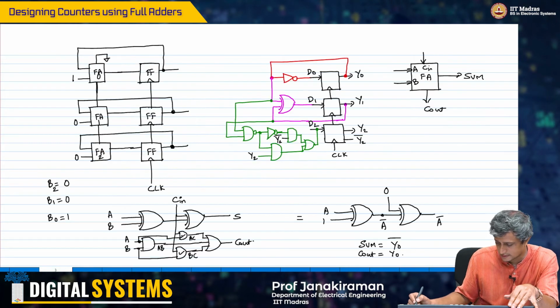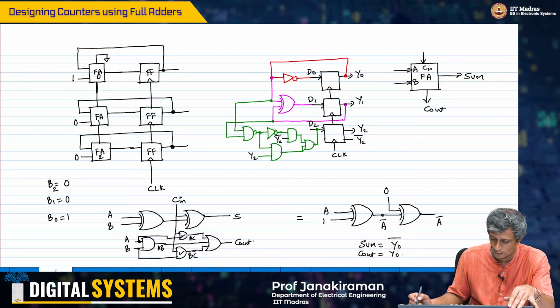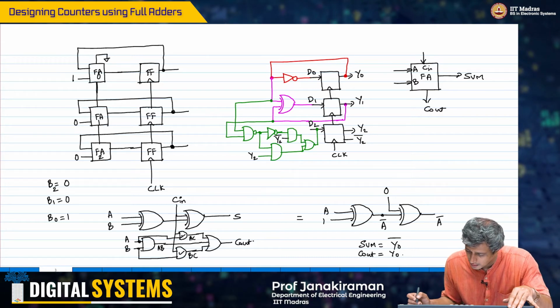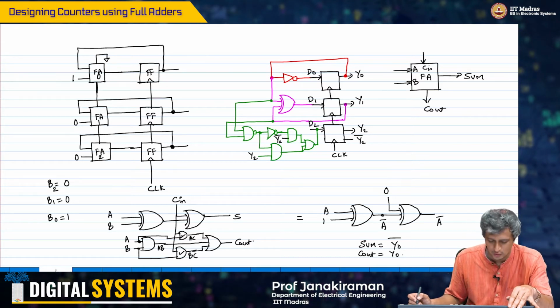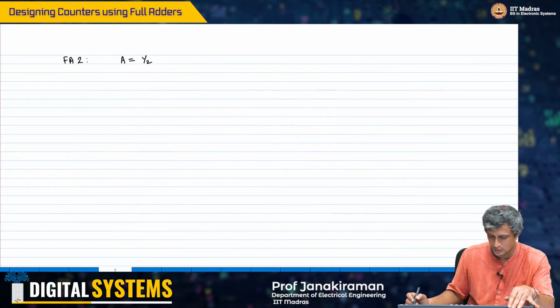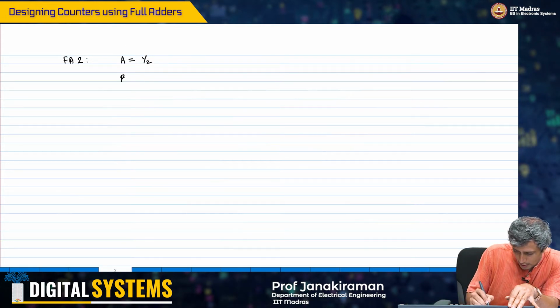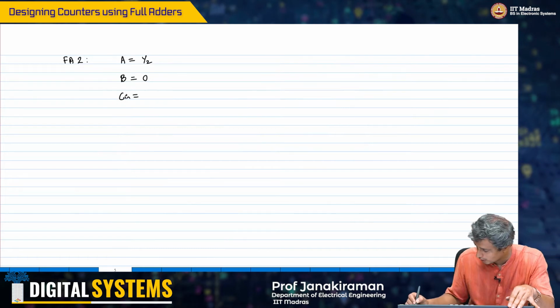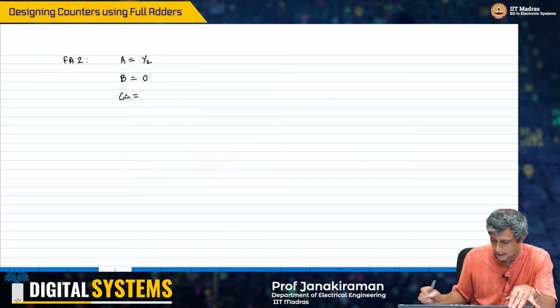Let's go back and see, the A input is Y2, B input is 0, the C in is actually just Y naught and Y1.